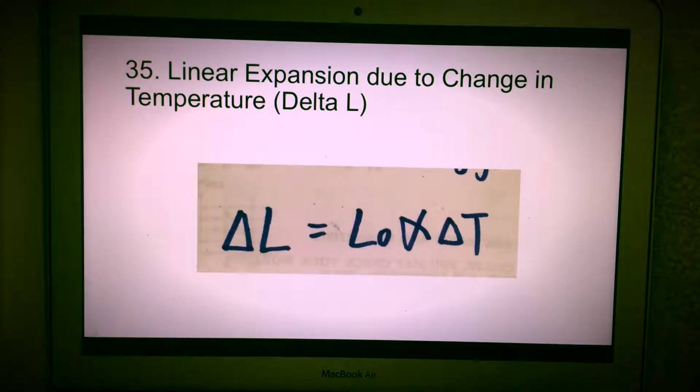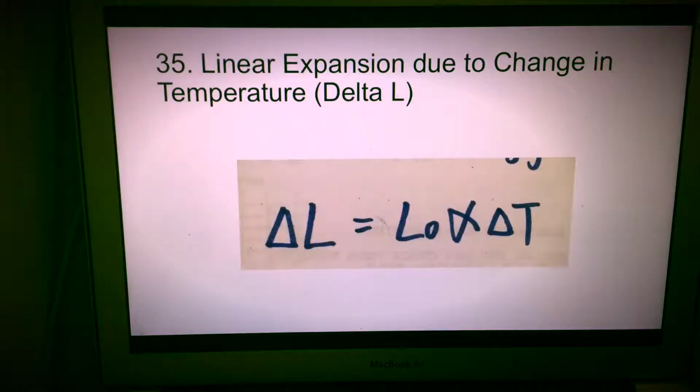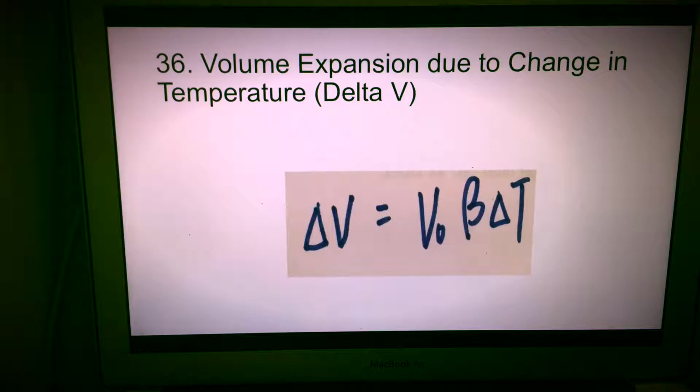35. Linear expansion due to the change in temperature. If the object is heated, the temperature increases and the length of the object will increase. So delta L equals L0 times alpha times delta T, because it's proportional to the change in temperature. The volume expansion due to the change in temperature is the same as the length.